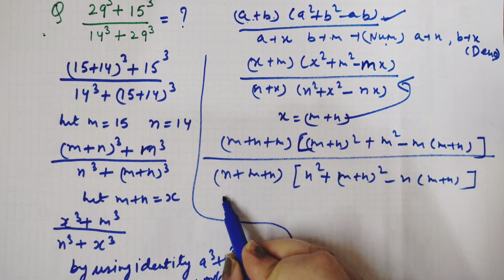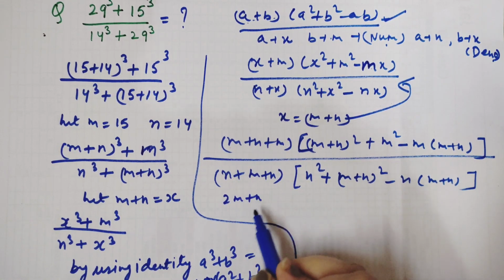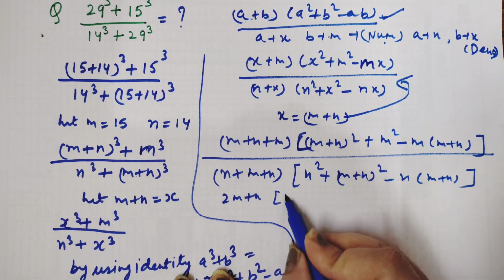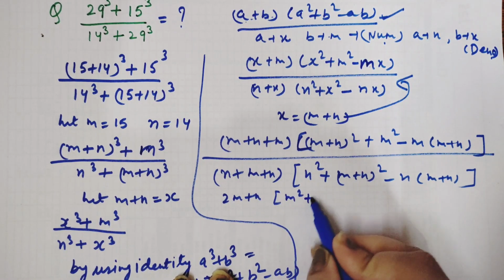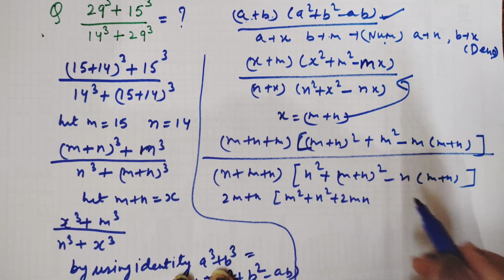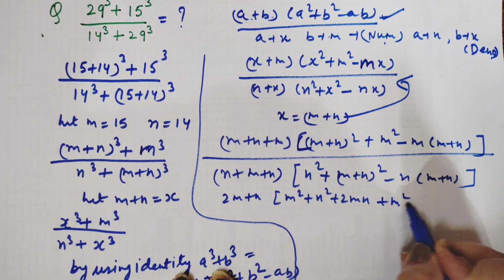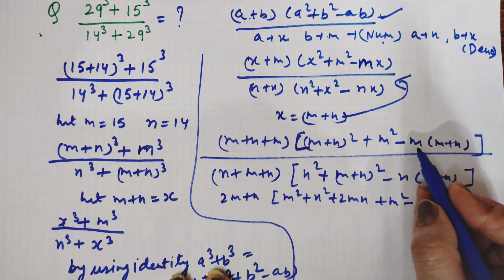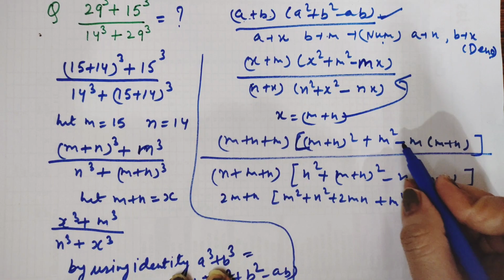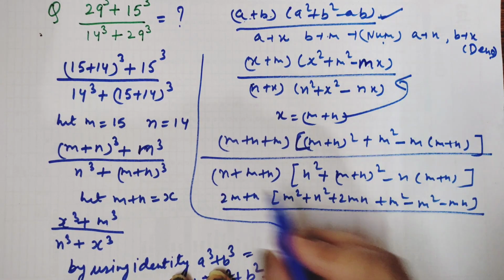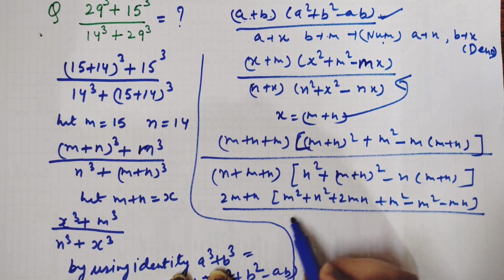So m plus m is 2m plus n in the numerator, and this (a plus b) whole square we will again open: a square plus b square plus 2ab, and this is m square minus this minus m, multiply this bracket portion, minus m square, and minus plus minus mn. Now see the denominator: n and n is 2n plus m.